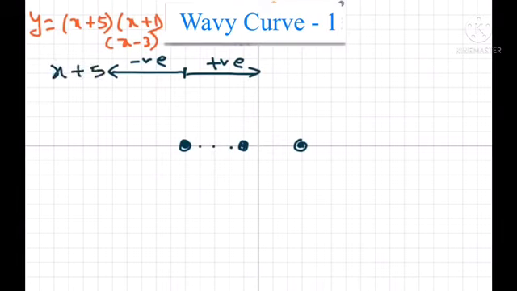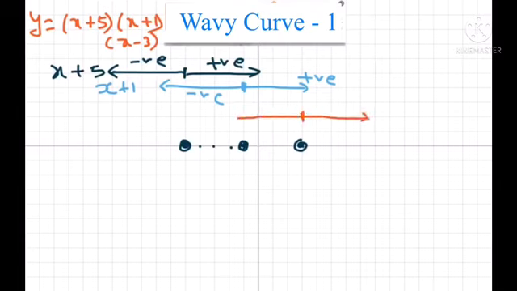If you look at x plus 1, then x plus 1 is negative here and positive here. This I have written for x plus 1. Then see x minus 3. X minus 3 is negative here and positive here. This is for x minus 3.